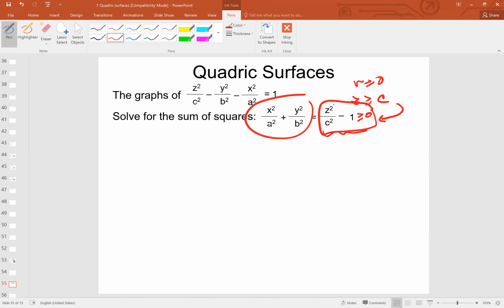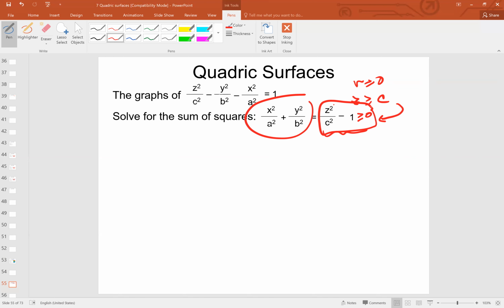These conditions must be met. What it means is the graph has no trace. If you slide through z at different levels to see the trace, there's no trace until you get to z equal to c. Between 0 and c, there's no trace.